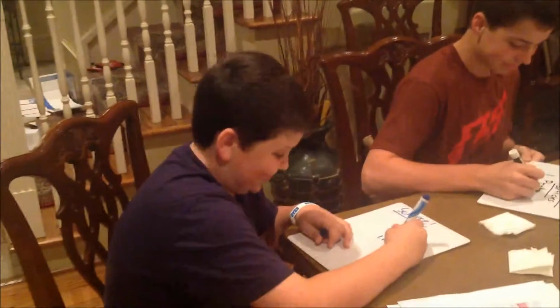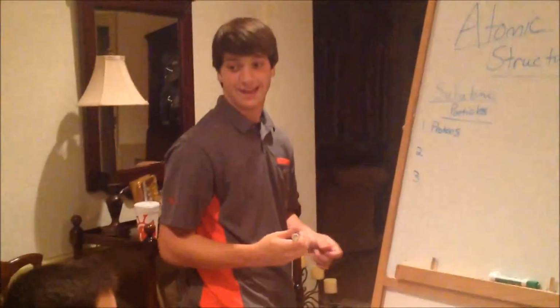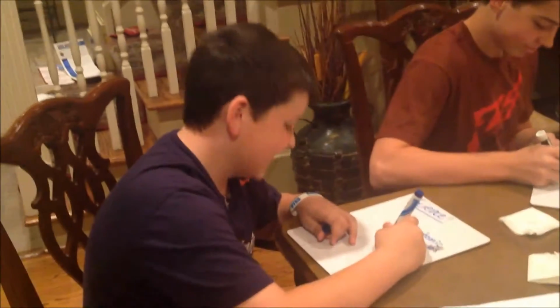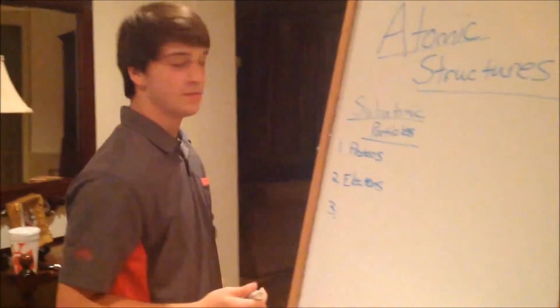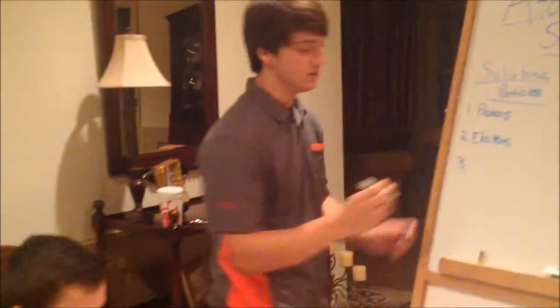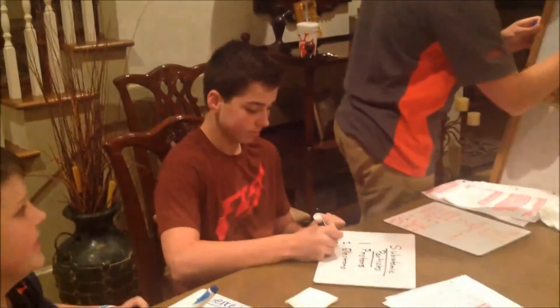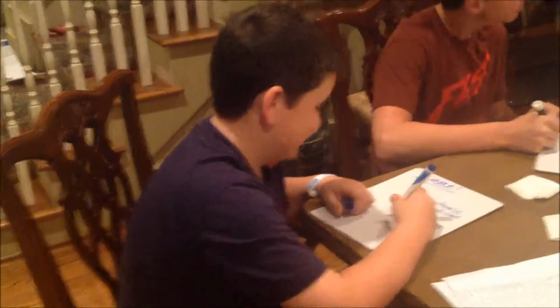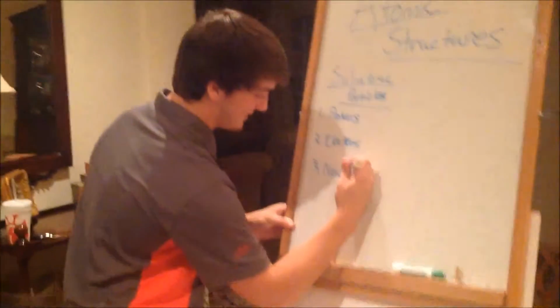Can you say protons, Patrick? Protons. The second one is electrons. Can you say electrons, Patrick? Electrons. And the final subatomic particle is neutrons. Can you say neutrons, Patrick? Neutrons. There you go.